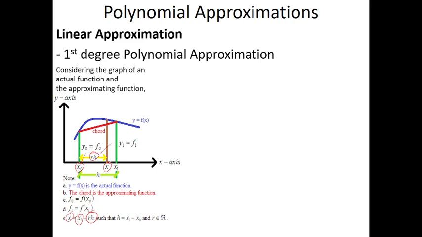Such that h is x sub 1 minus x sub 0 based on the graph. We know that this distance is x sub 1 and this distance is x sub 0. So x sub 1 minus x sub 0 is simply h.